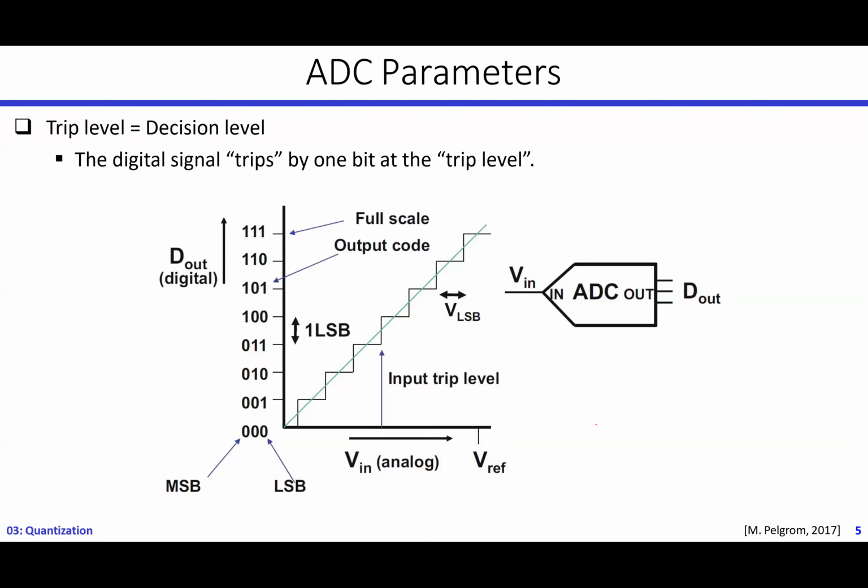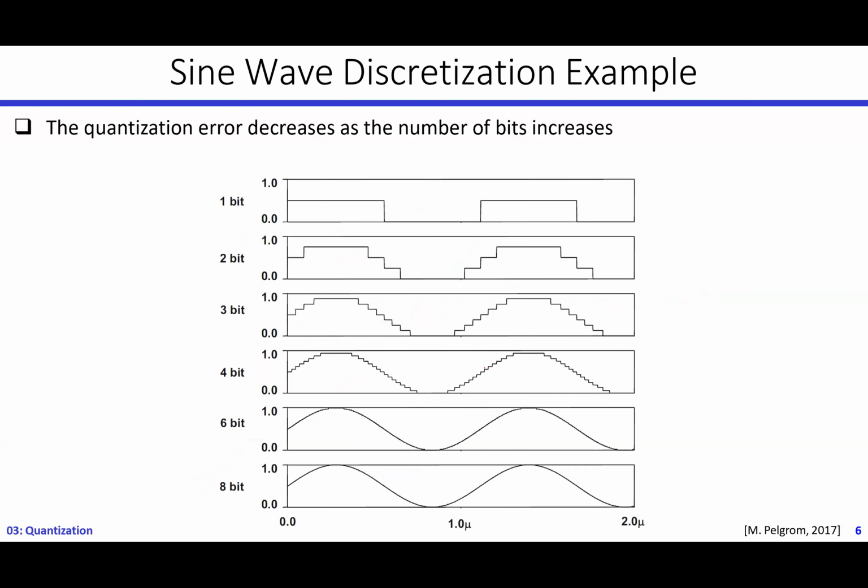Now, the voltage level where I change my code, we call it an input trip level. And as we discussed, as I increase the number of codes that I allow, when the resolution of the ADC increases, I will have a lower quantization error.